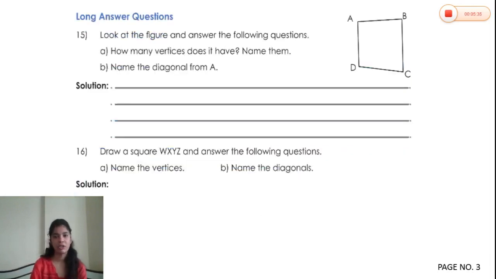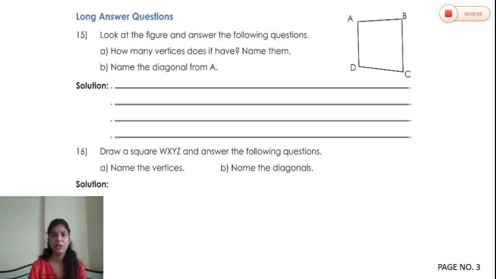Long answer question. Question number 15. Look at the figure and answer the following questions. Here a figure is given and we have to answer the questions using this figure. Now how many vertices does it have? Name them.